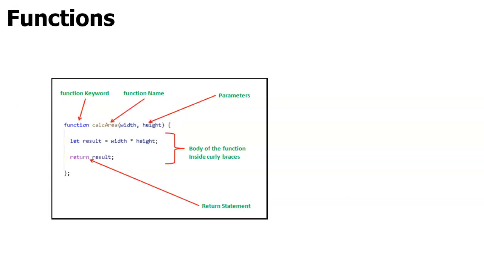Now this is the general syntax of the function. We have a keyword called function. This is your function name, calcArea, and you can pass your parameters here. If you don't want to pass parameters, that is not an issue. If you want, you can pass a parameter, and whatever operation or calculation you want to do, give it inside the curly braces as statements. Here I calculate an area and assign it to a variable called result.